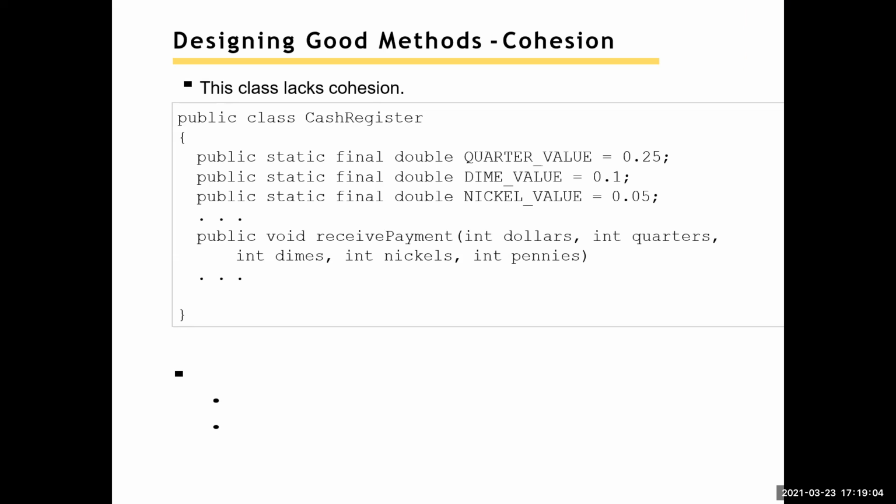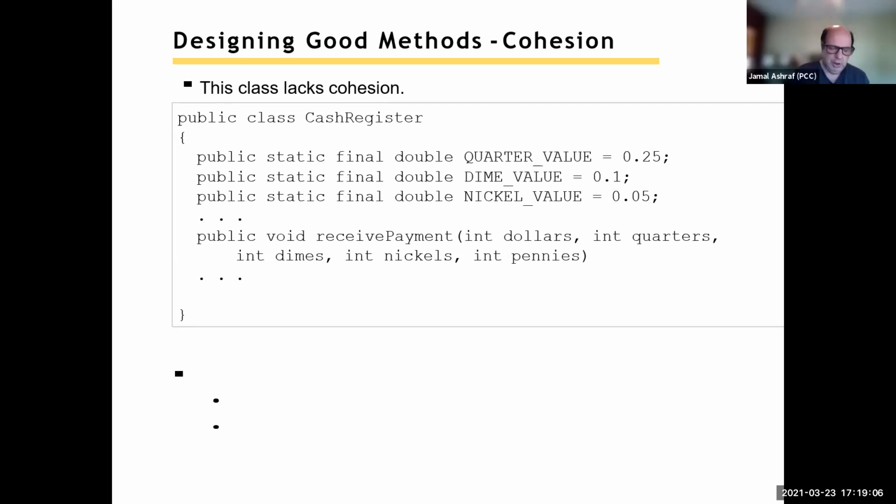Yeah. So if I have a balance in my cash register, my receiving payment is going to be changing my balance. So they are still talking about the same concept. I'm talking about balance, receiving money, and those kind of things.